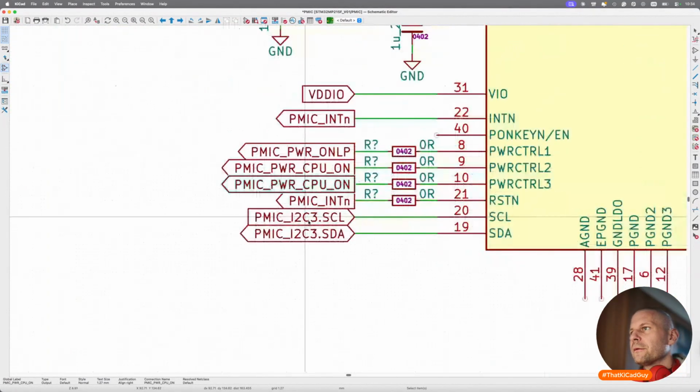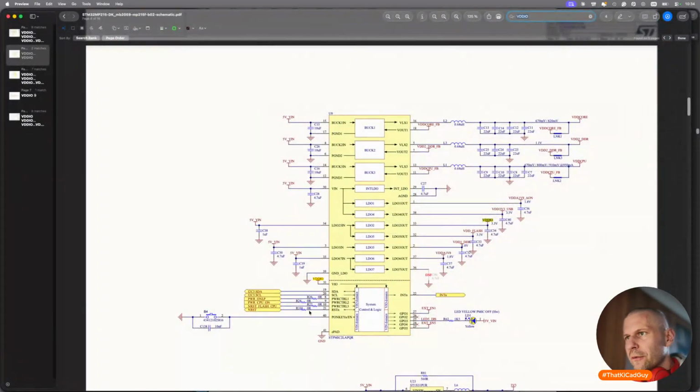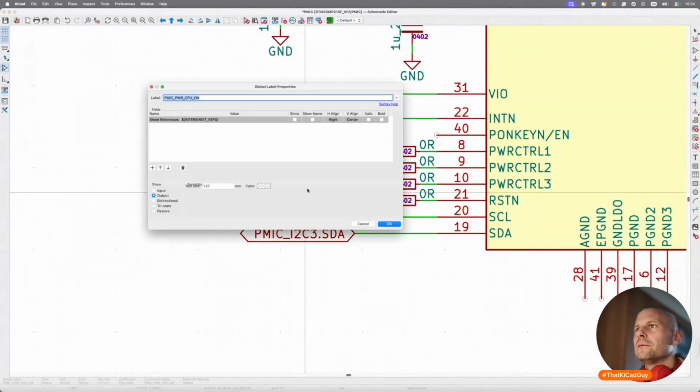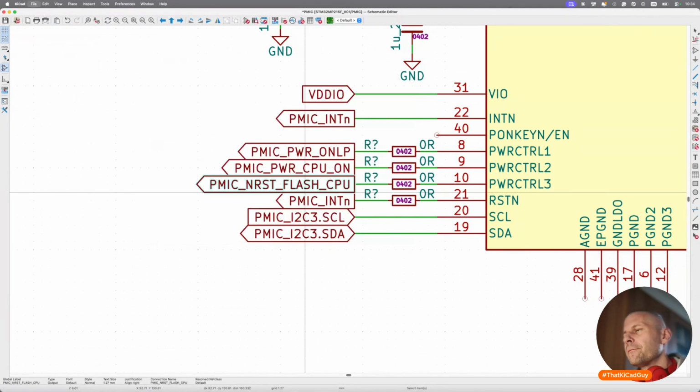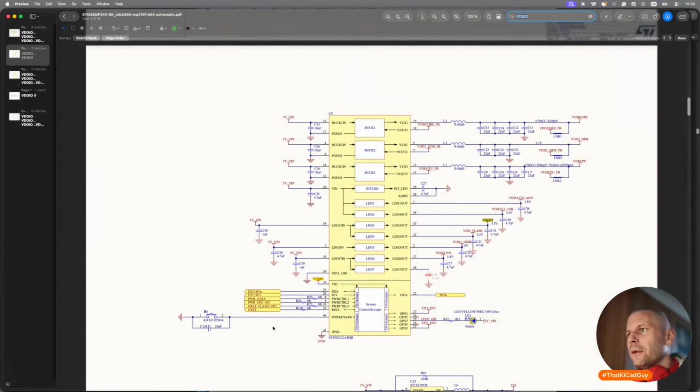I'm not the smartest one today. And reset flash CPU. Okay.